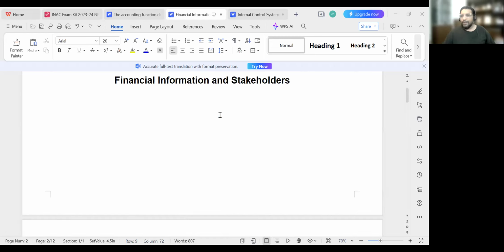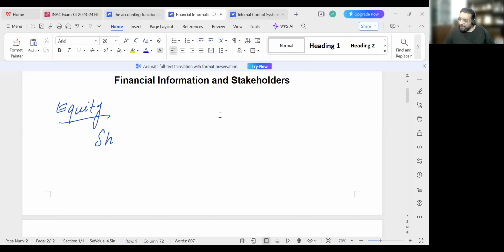Okay, so the capital or equity part of your balance sheet looks like this. I'm talking about the balance sheet, okay?